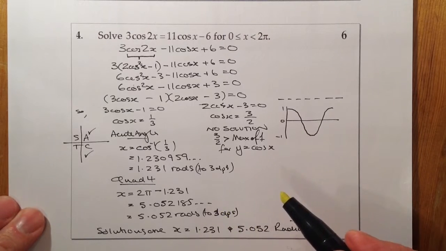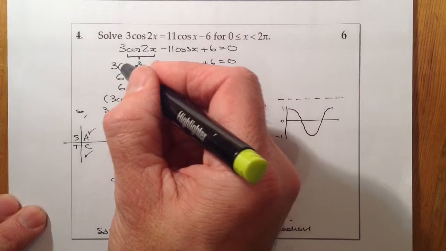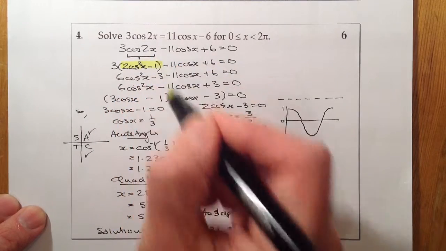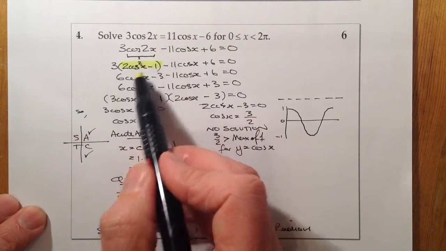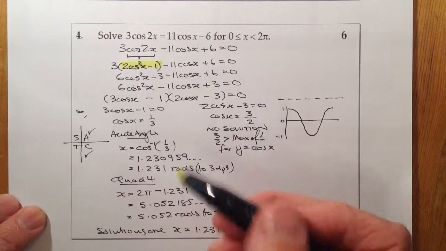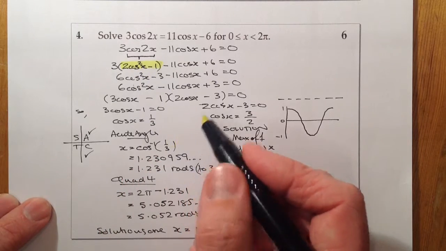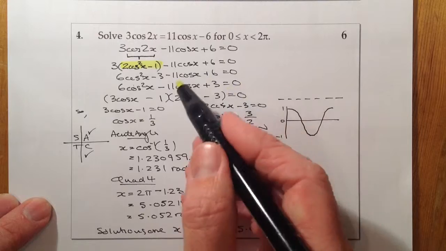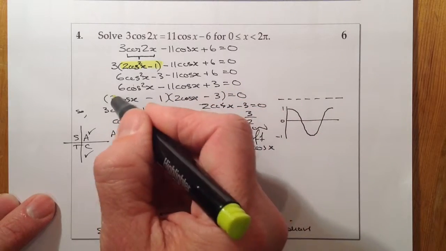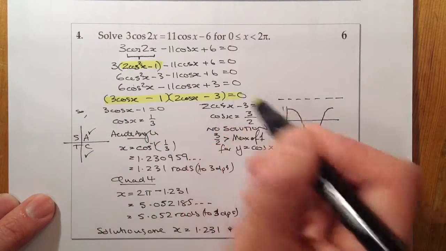So the first mark I'm going to go for is for substituting in here. So substitution for cosine 2x, I've got 2 cosine squared x minus 1. I'll then set everything equal to 0, and I get 1 mark for getting down here and factorising that through.